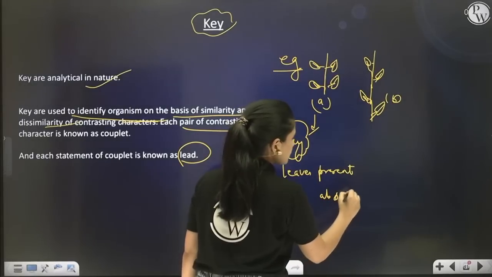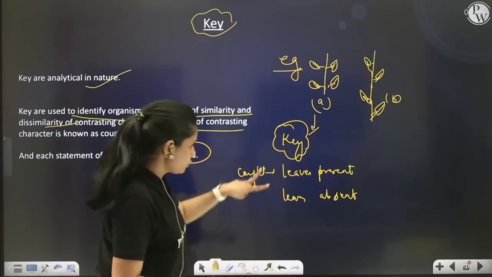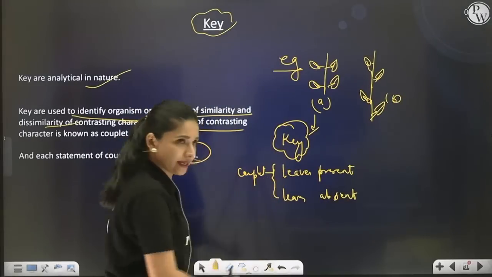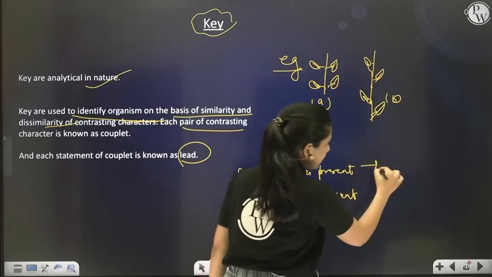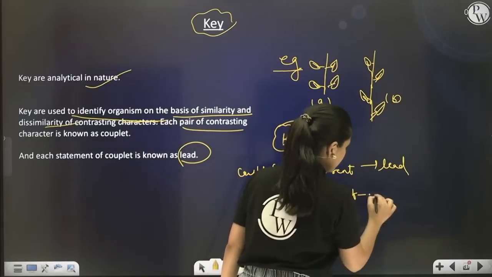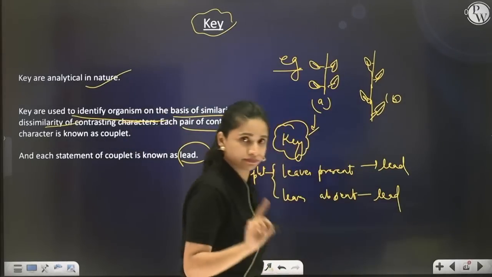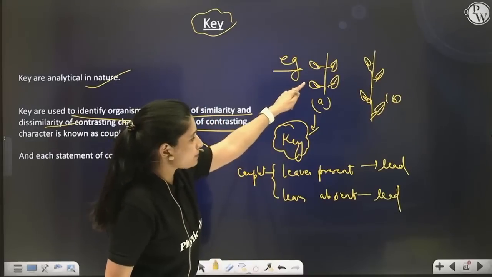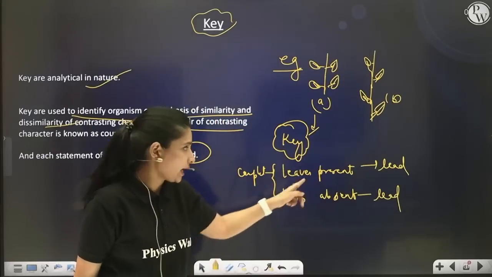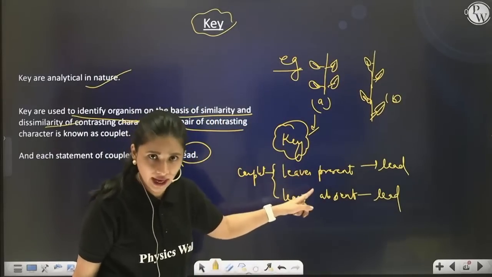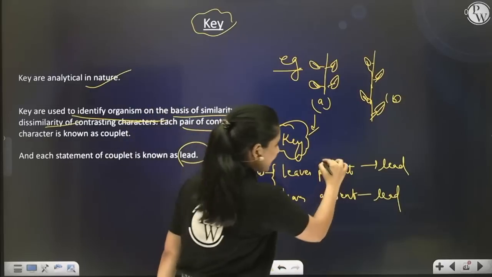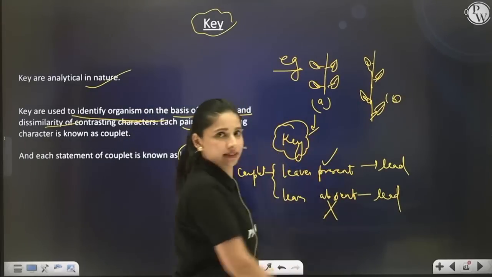These 2 statements are contrasting, so together they are known as a couplet. Individually, each statement is known as a lead. This is a lead, this is a lead. Tick. Now according to my specimen, which statement should I choose? 1 or 2? 1, yes or no? So this one I selected, this I rejected.